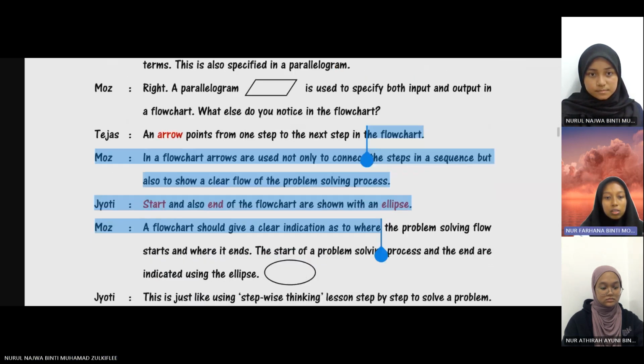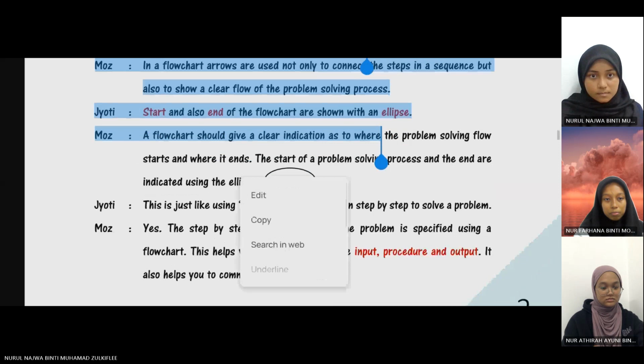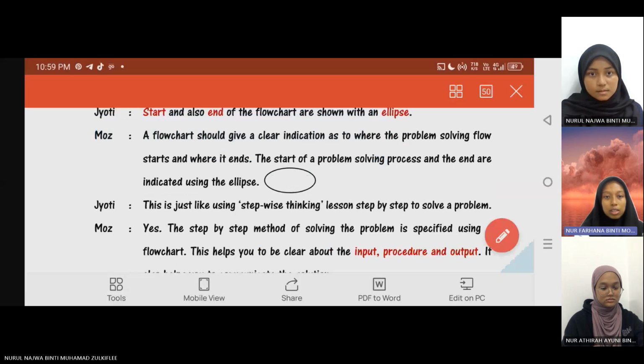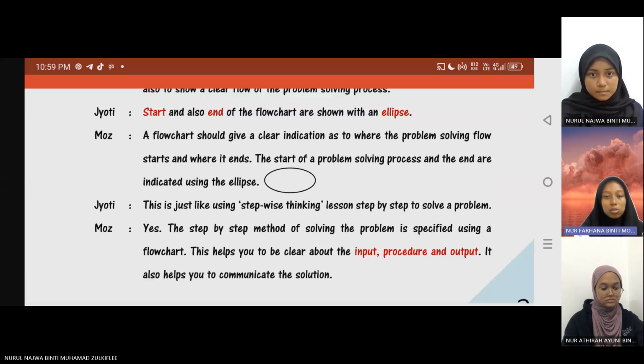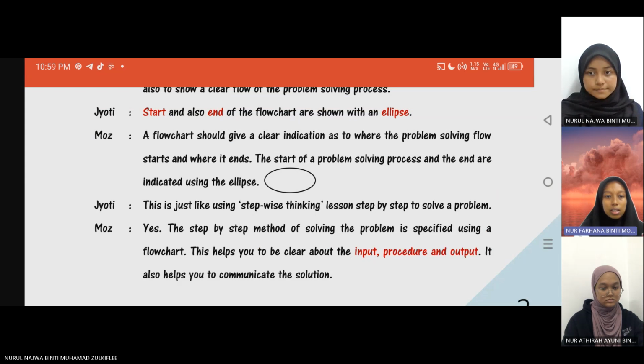A flowchart should give a clear indication as to where the problem-solving flow starts and where it ends. The start of a problem-solving process and the end are indicated using the ellipse. This is just like using stepwise thinking, presenting step by step to solve a problem.